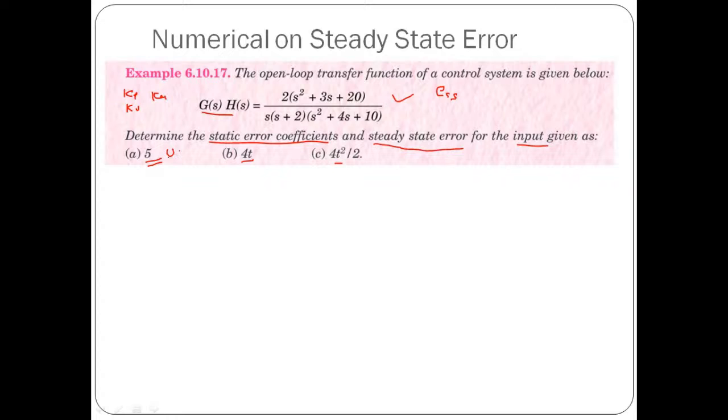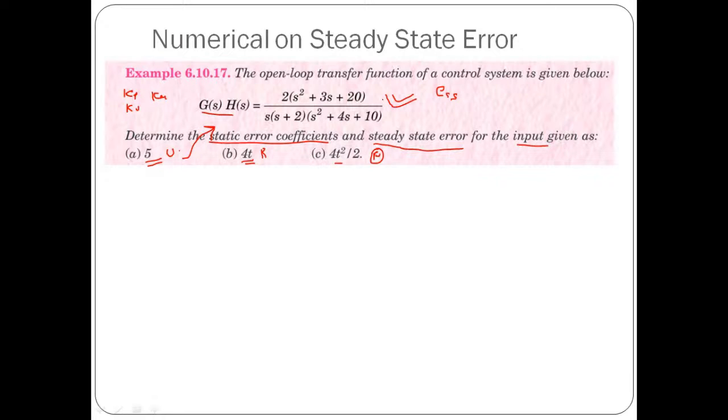It is not a unit step; here the magnitude of that step function is 5. This 40t is your ramp, and this is your parabolic. So suppose you take this as an input and provide it to this particular system, what will be the value of your Kp and what will be the value of ESS? Whatever we discussed so far, you need to apply those logics over here to solve this numerical.